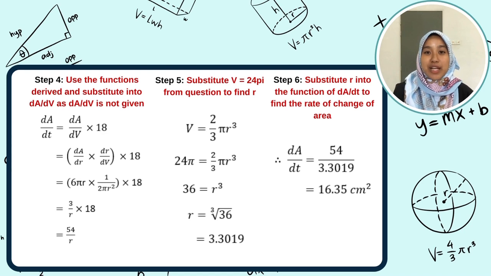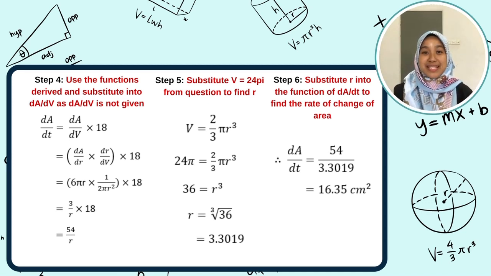Then we calculate and simplify, and we will get 36 = r³. To eliminate the cube, we cube root both sides, and we will get the cube root of 36 is 3.3019, and that is the radius that we get.